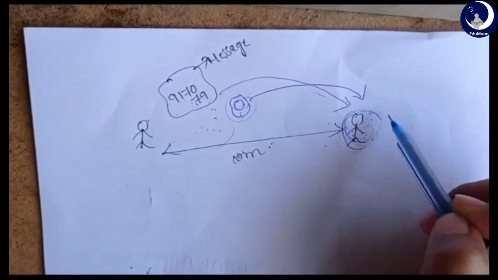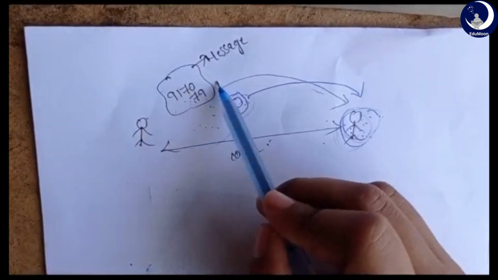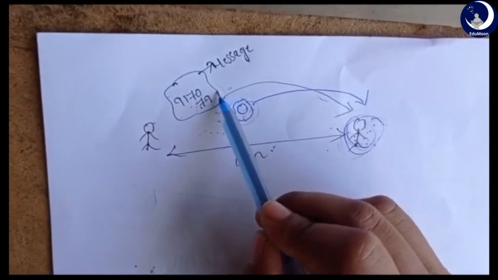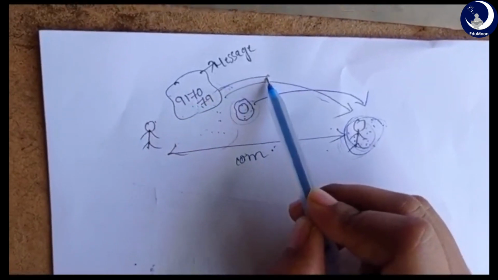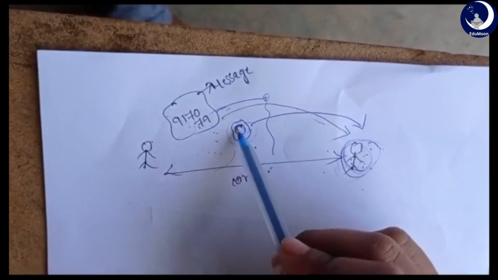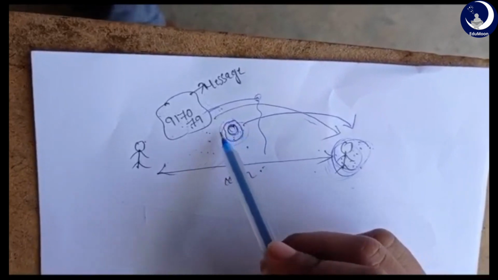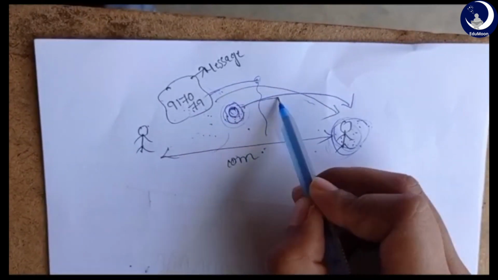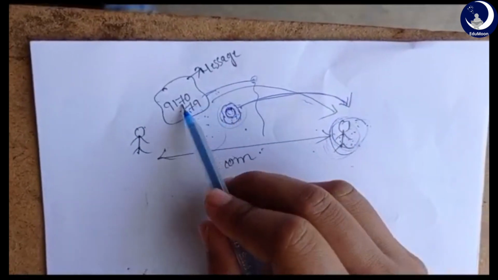Now he might receive it, because when we throw a piece of paper, it is low in weight. It will travel up to this point and then fall down. But when we wrap it around a stone, the weight increases and it will travel a long distance compared with just a piece of paper.